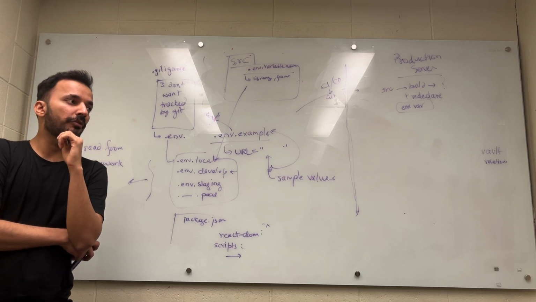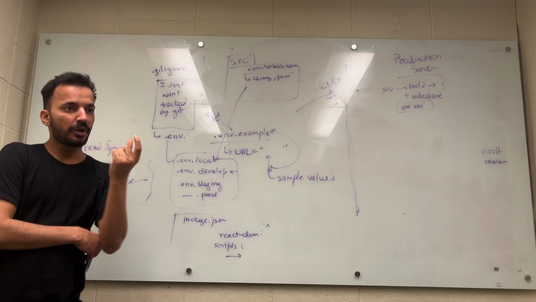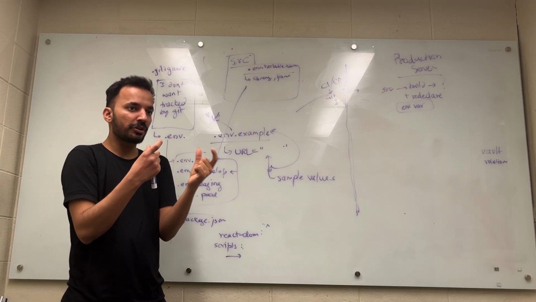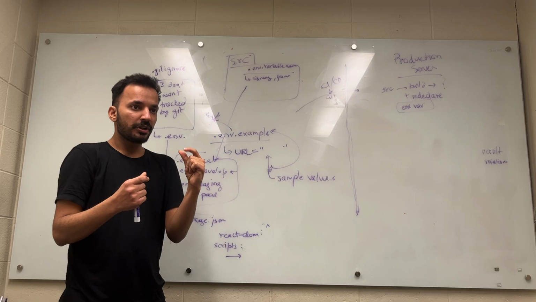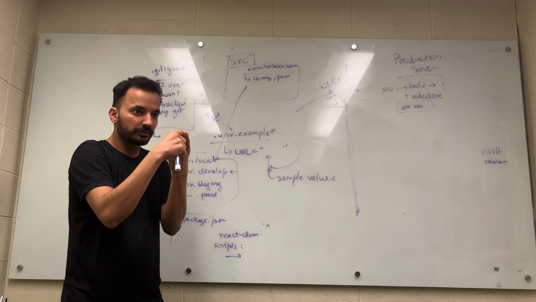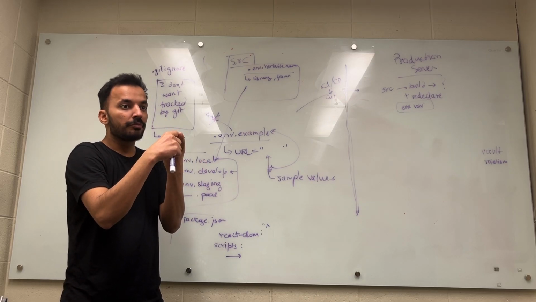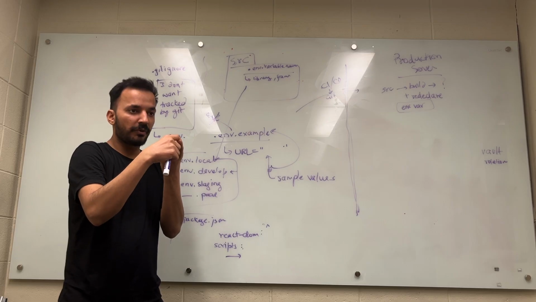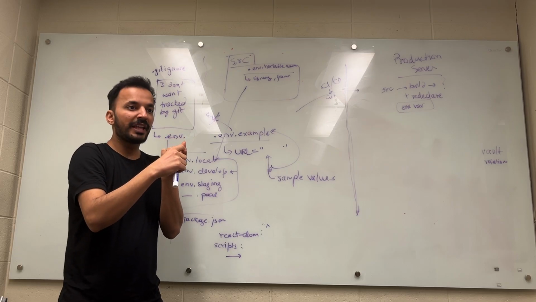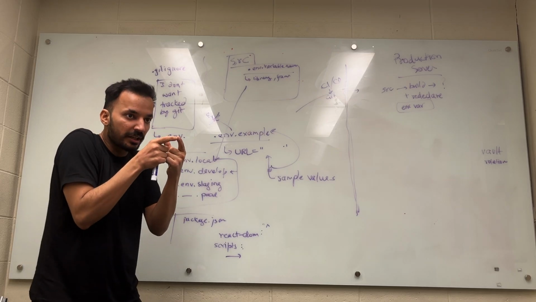Whenever you're deploying, the DNS always points to the same thing. But if you ever switch the DNS, it takes some time to propagate. But that's when you're changing the link itself.